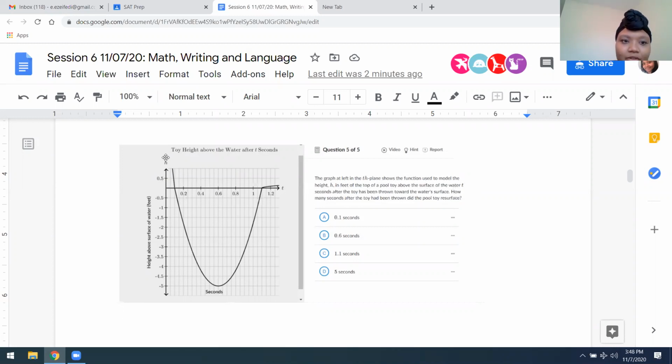And what these graphs show are the relationship between the two axes. So the two axes here are H, the h-axis, and the t-axis. So the relationship between the h-axis and the t-axis, or the relationship between height above the surface of the water and how much time has passed. So the relationship between those two things.